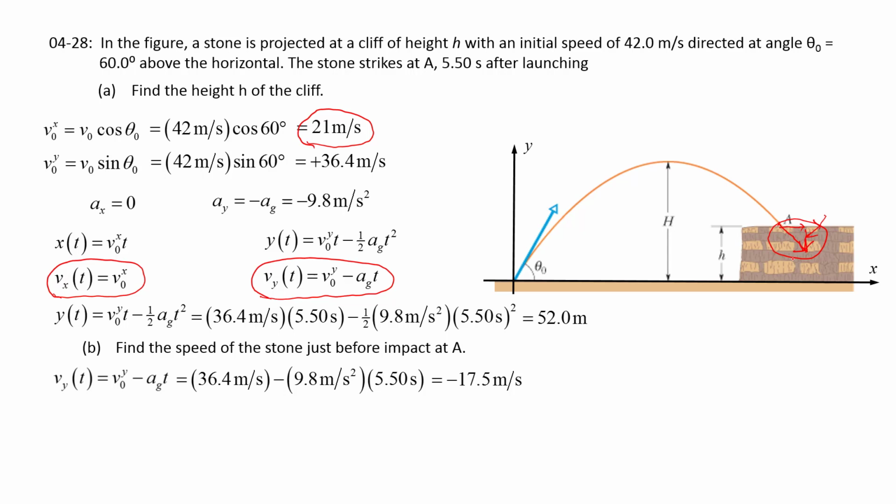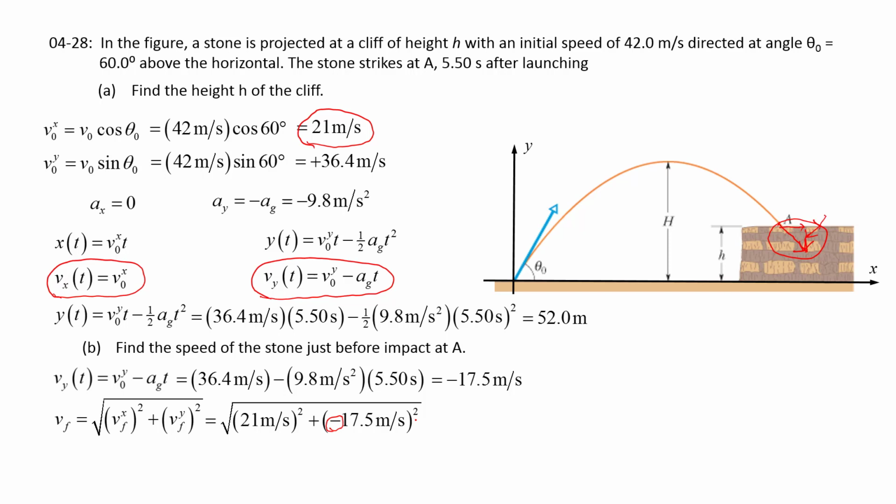So now we've got the x component and the y component of the velocity right at that particular point. So we can do the standard thing, the Pythagorean theorem, to find the magnitude of that speed. We just put in the x and y components and square them. Notice, don't make any mistake here, the minus sign doesn't really matter because we're squaring it, so that minus sign is going to disappear.